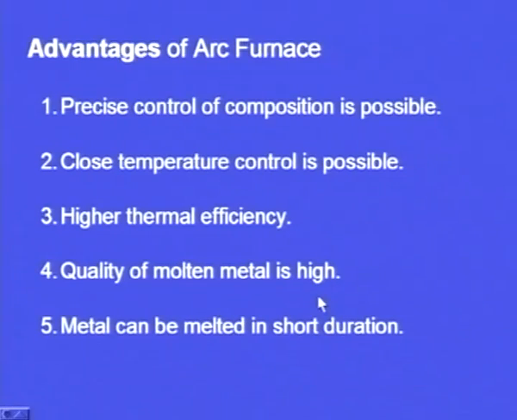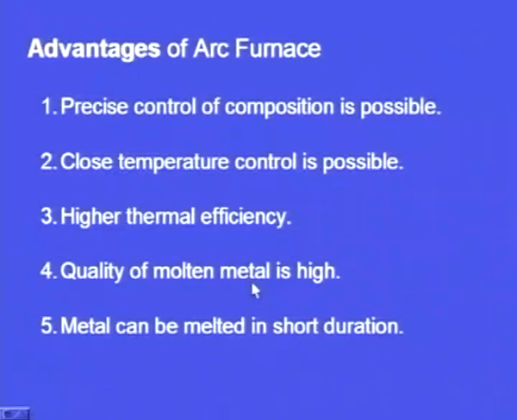In the case of the cupola furnace, we are using coke, and the coke will be burning, and there are impurities in the molten metal, but here the molten metal is free from impurities. That is another advantage. And finally, the metal can be melted in a short duration. In a very short time we can melt the metal.